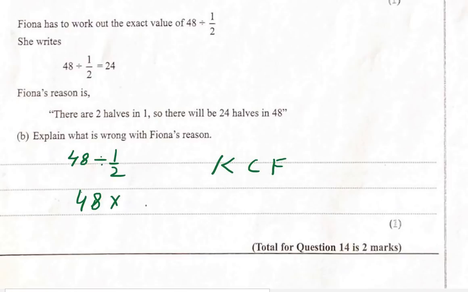And F means flip this one. When you flip, it's going to be 2 over 1. So this is going to be 48 times 2, which is 96. So it's not 24. The answer is not 24. It's 96. You just show your working out and you will get the marks. It's a 1 mark question. Next question.